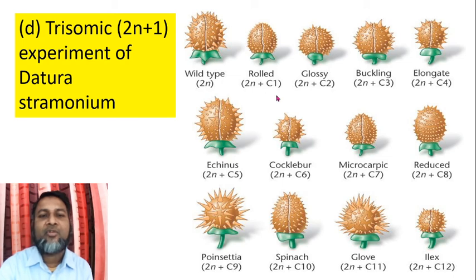When any one chromosome is present in trisomic condition, it creates different types of fruits. So this is the evidence that chromosome is the physical basis of heredity.